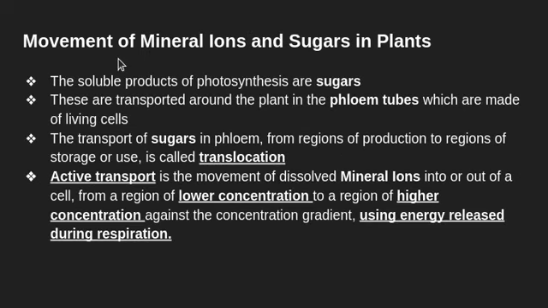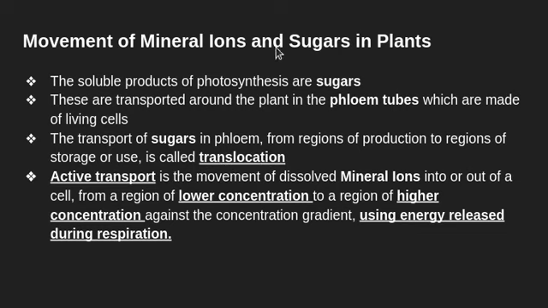The next bit that you have to talk about is the movement of mineral ions and sugars, right? The soluble products of photosynthesis, which are sugars, are transported around the plant in the phloem tubes, which are made of living cells, right? The transport of sugars in the phloem from a region of production to a region of storage or use is called translocation.